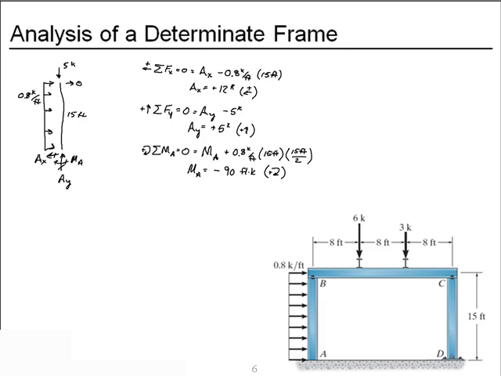And then continued step 4 by looking at member AB. We had all of our internal forces from the previous free bodies, the lateral applied load, and we found each of the 3 reactions at A.